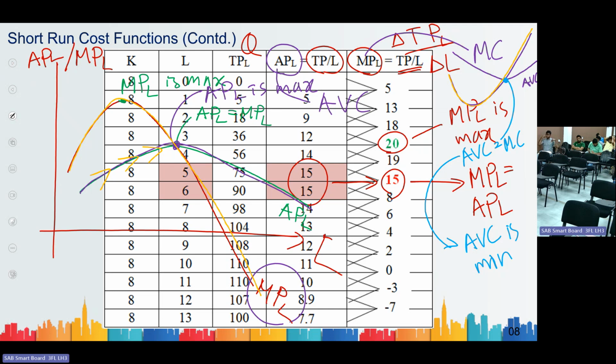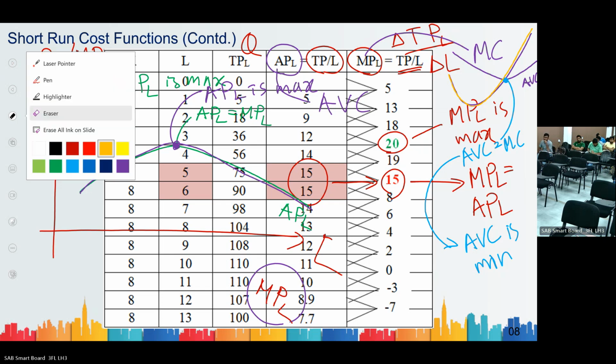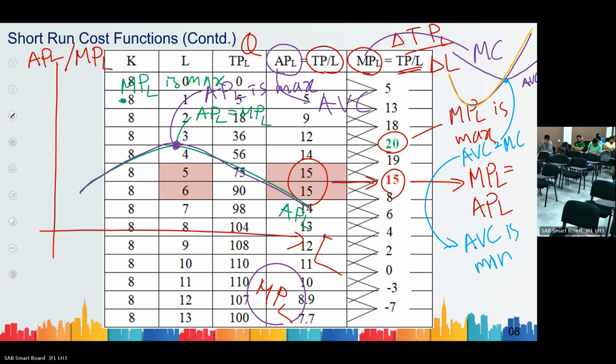When MPL increases, MC decreases. When MPL reaches the maximum point, MC reaches the minimum point.